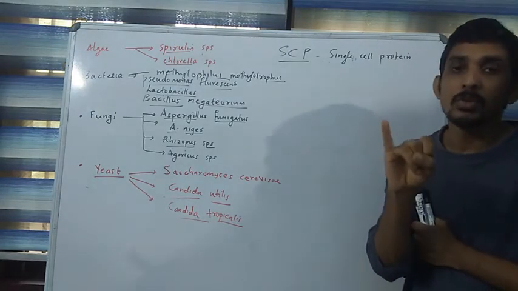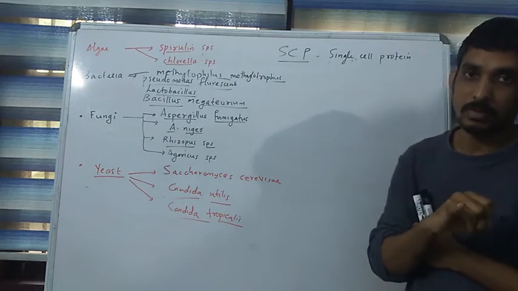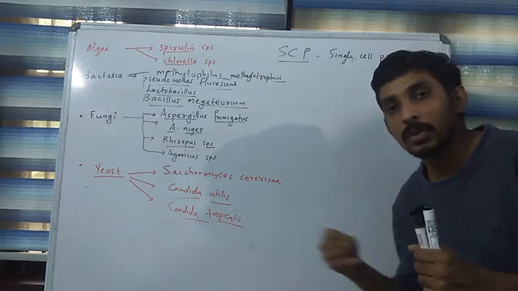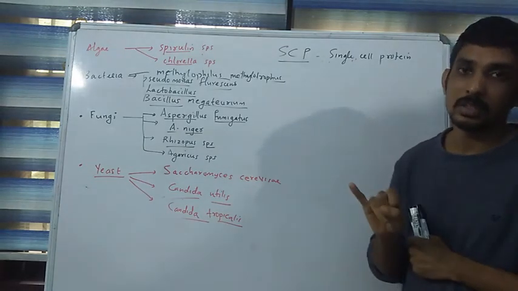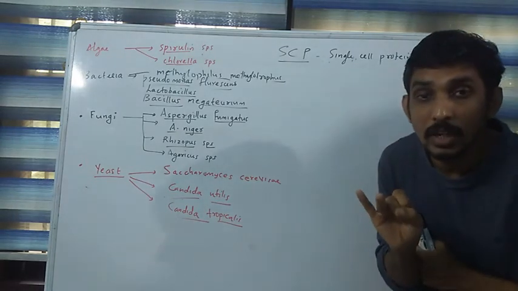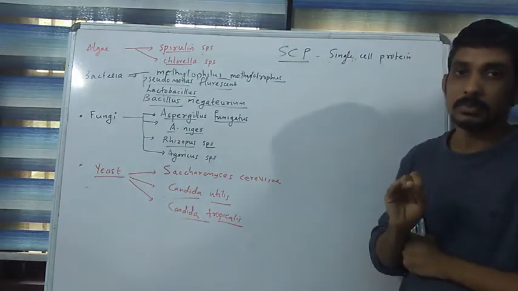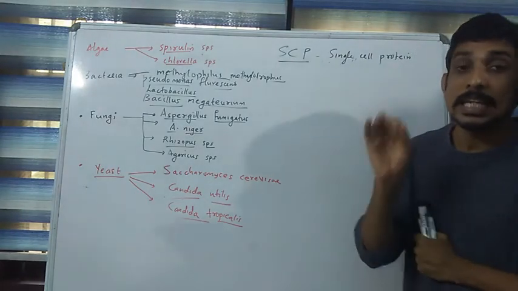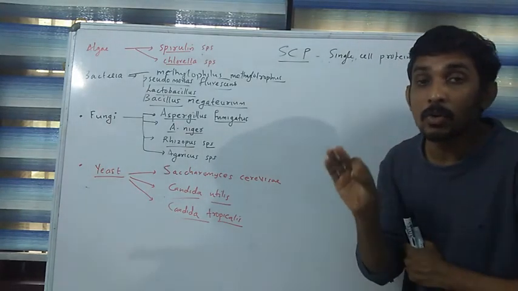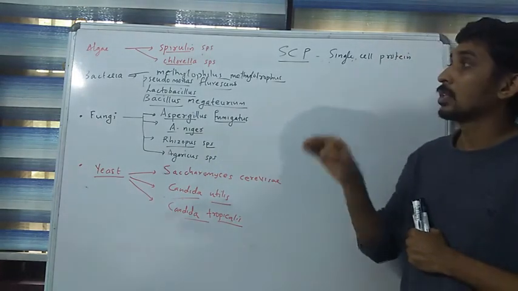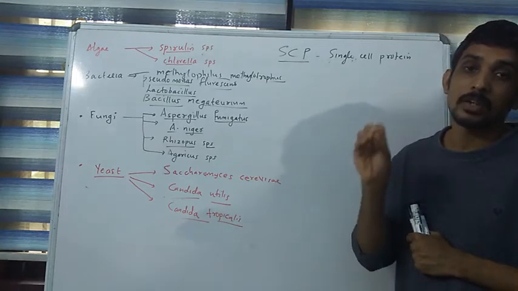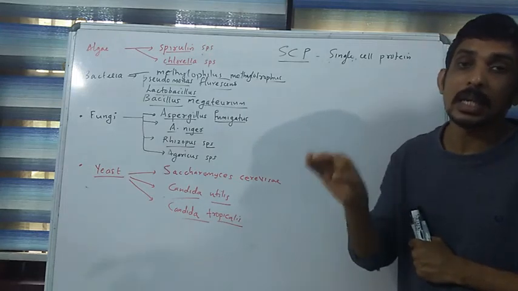For that, we can use tanks, which may be either a concrete tank or a plastic tank. And second, we need proper water. And third, we require all the essential elements for the culturing of Spirulina. We know that Spirulina usually grows in an alkaline condition.